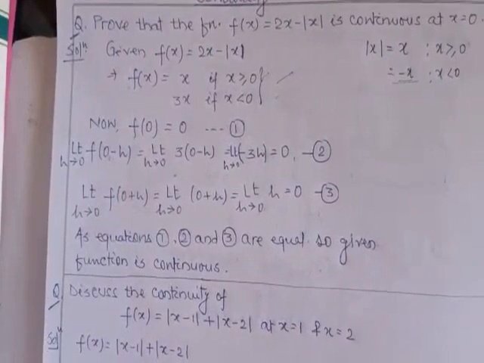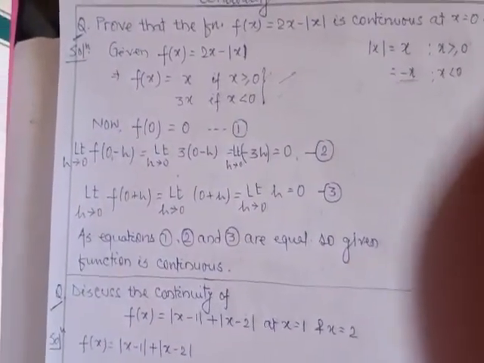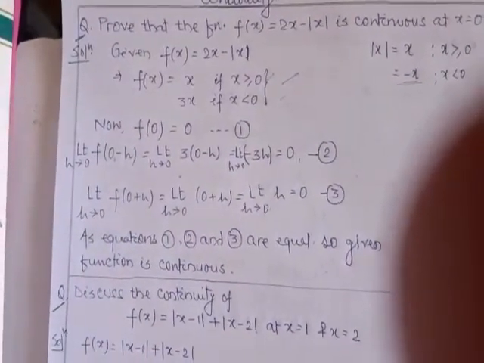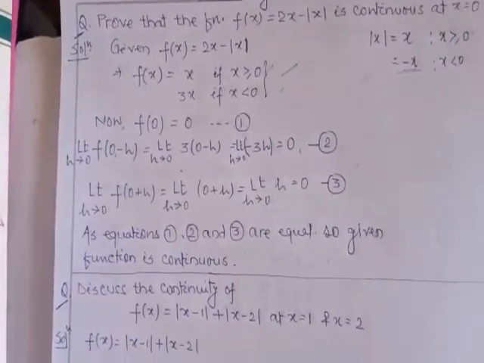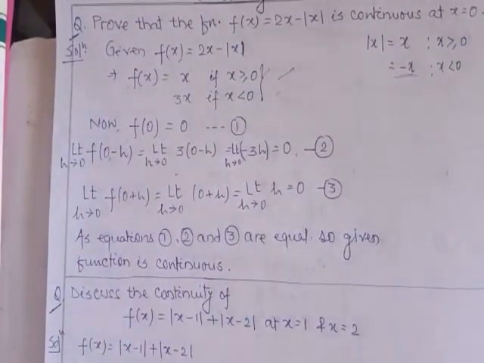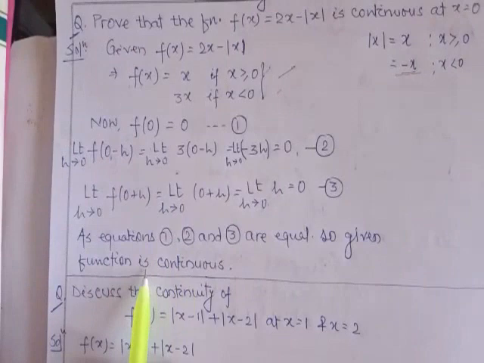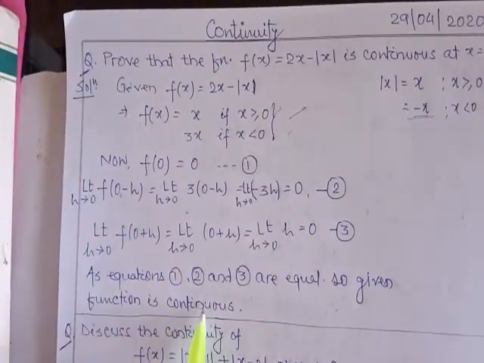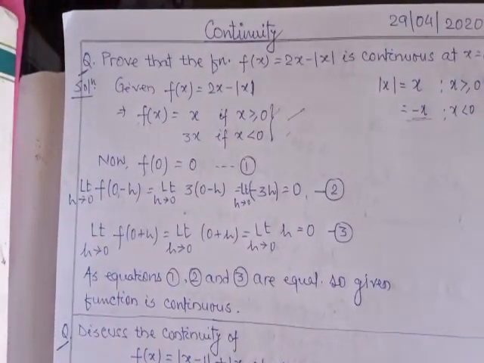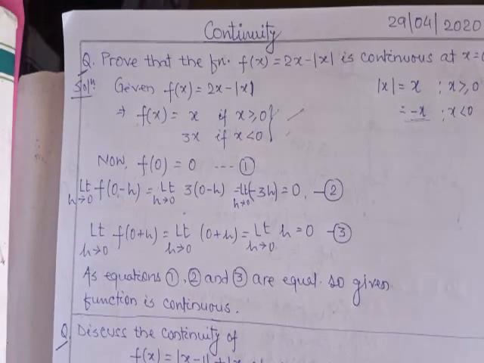So all the three values are equal. Hence we can say the given function is continuous at x = 0.